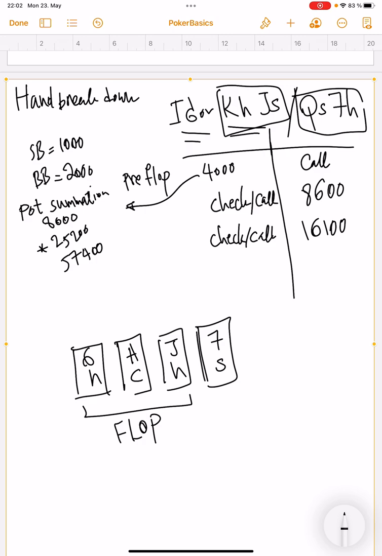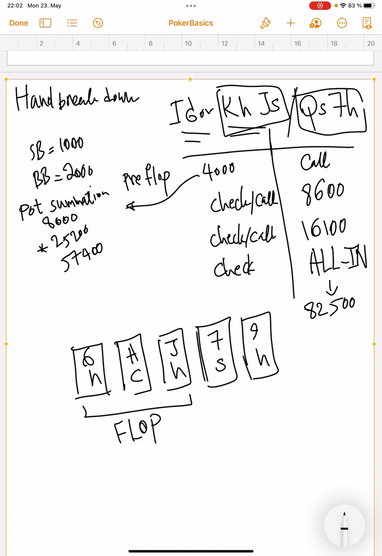And here comes the river card, which is 9 of hearts, and here we have a check from Igor, and his opponent says all in. He puts all his chips on the table, which is 82,500.